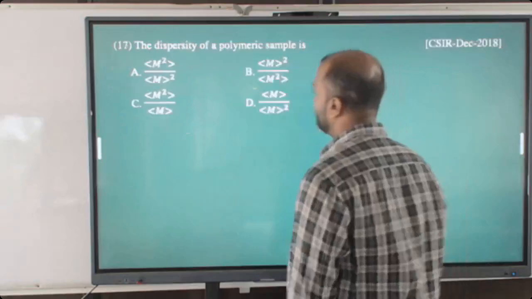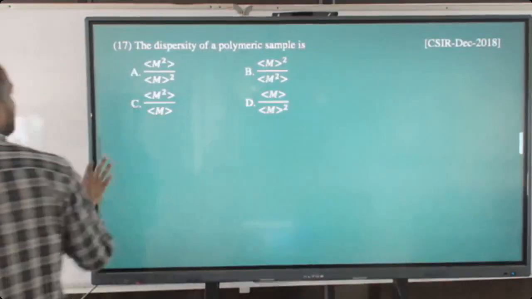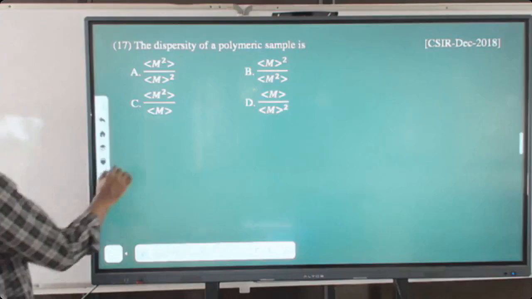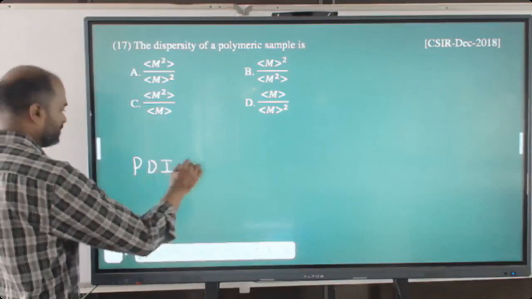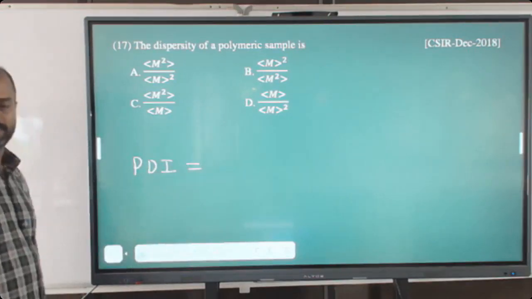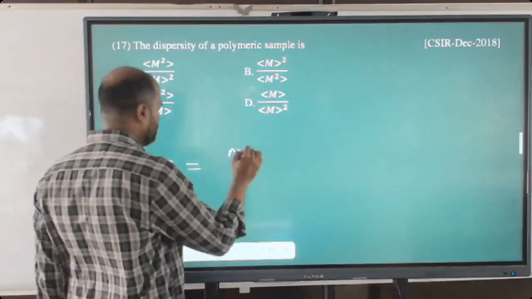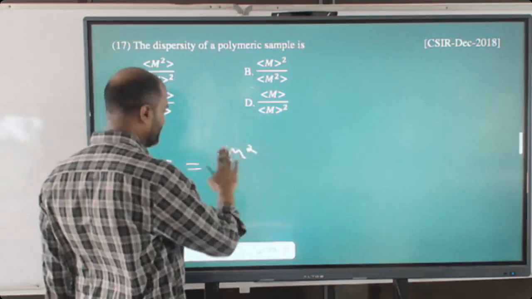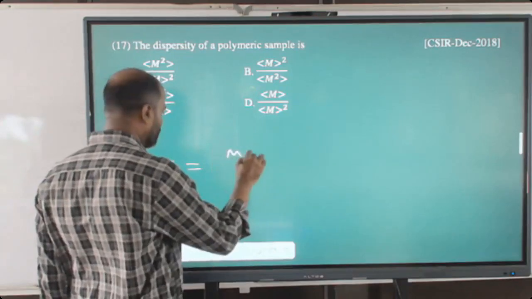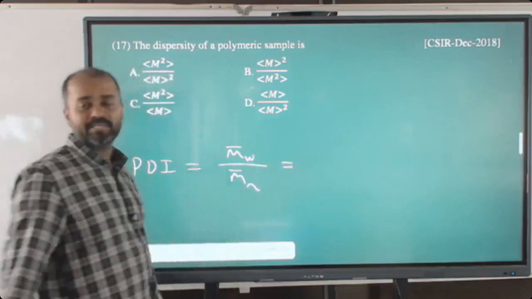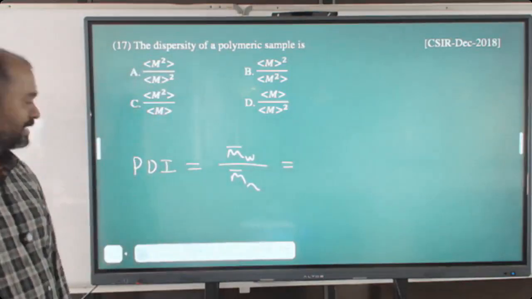Next, 17. The polydispersity of a polymeric sample is what? Polydispersity index, PDI. What is the equation for polydispersity index? That is Mw by Mn, the weight average molecular weight divided by the number average molecular weight.